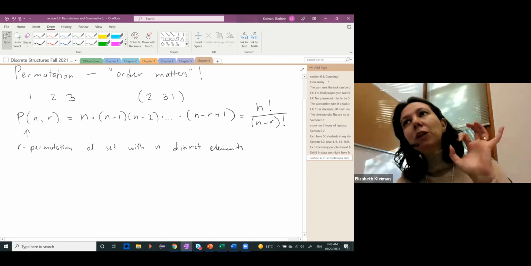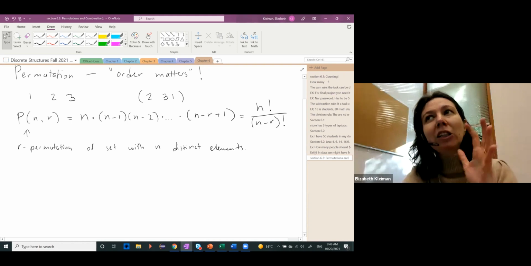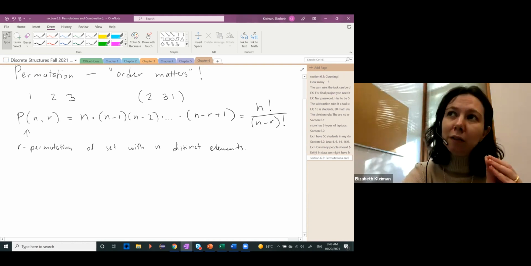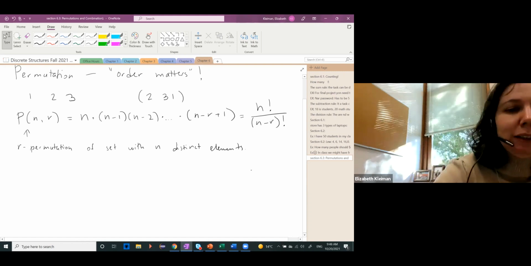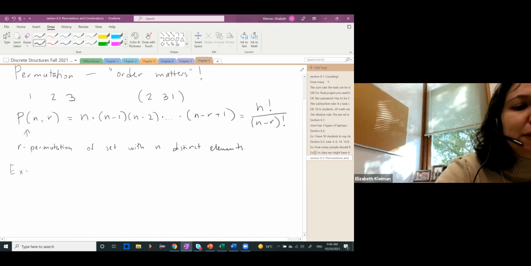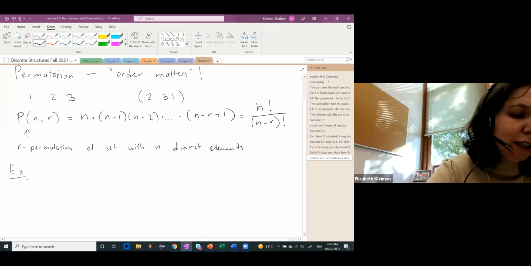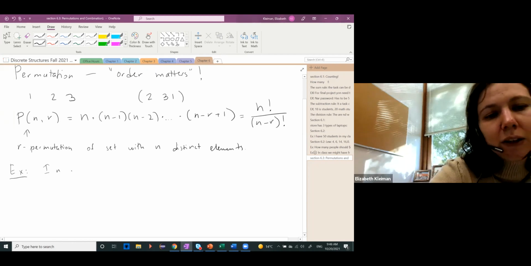Sometimes I want to permute the whole set. Sometimes I just need to permute part of the set. Sometimes it doesn't even sound like permutation, but it is. So here is an example. In class, we have 30 students.